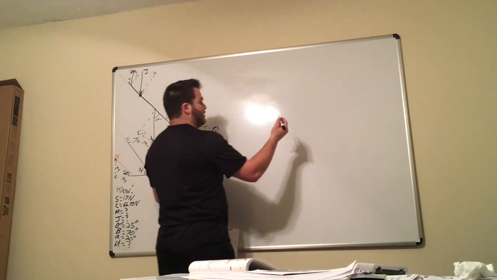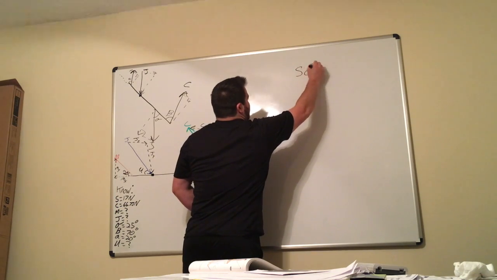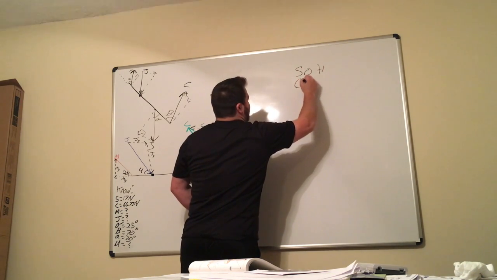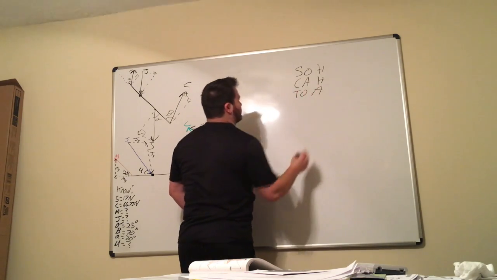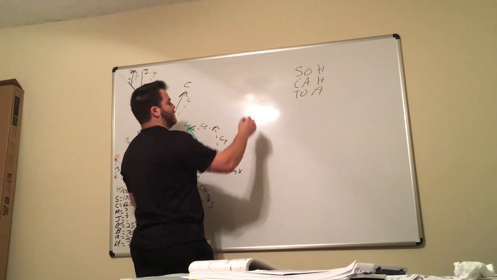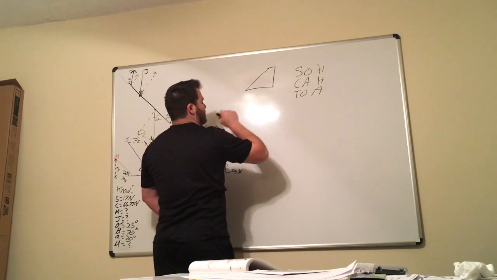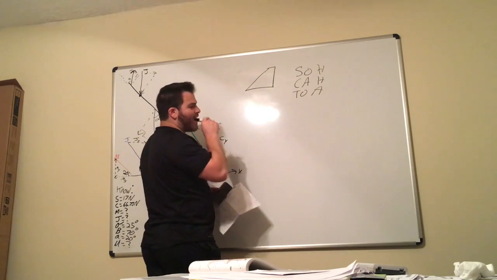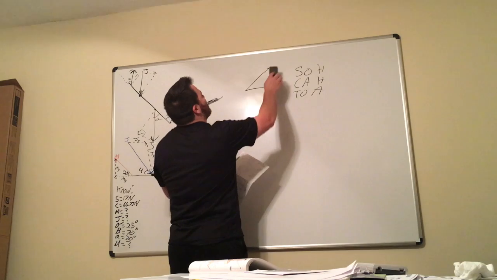So we know that when we do our trigonometry, let's use our sine. So we have, let's make our triangle again. That is not a triangle. That's a quadrangle. I'm not funny.